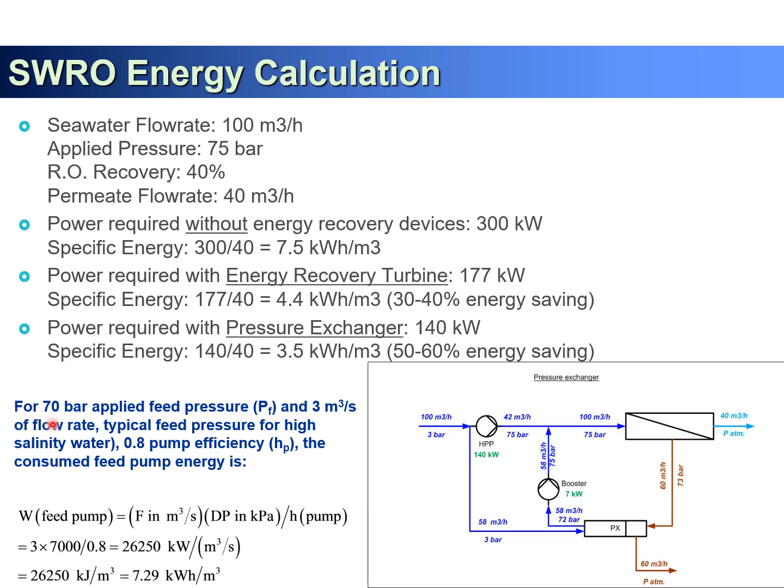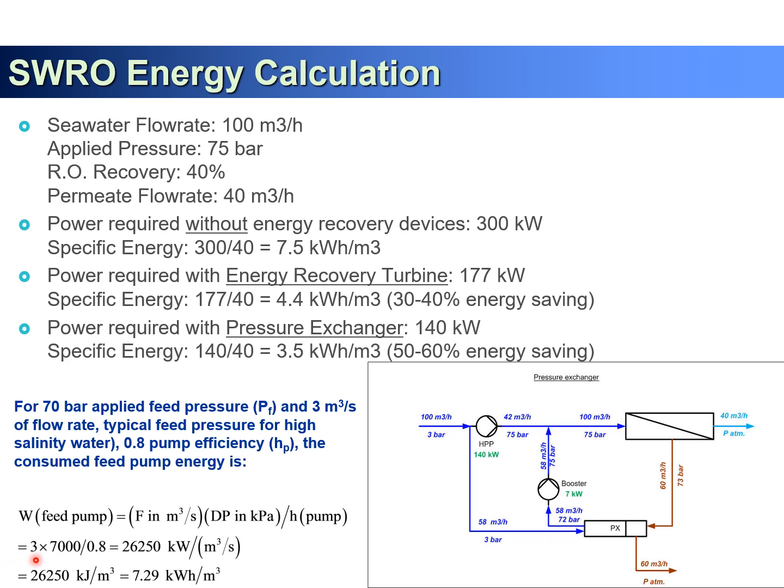Let's say 70 bar feed pressure applied, and 3 cubic meter per second of flow rate. Typical pump efficiency for high salinity feed is 0.8, and the consumed feed water energy, because most of the energy consumption in seawater desalination is from pumping cost. So the feed pump energy is equal to your flow rate times the pressure applied, divided by pump efficiency.